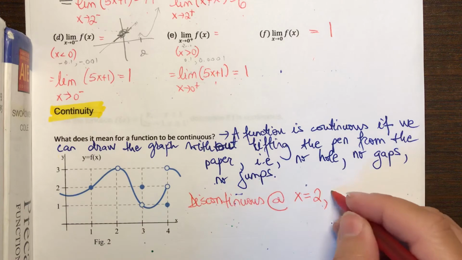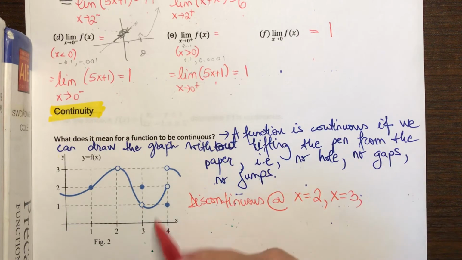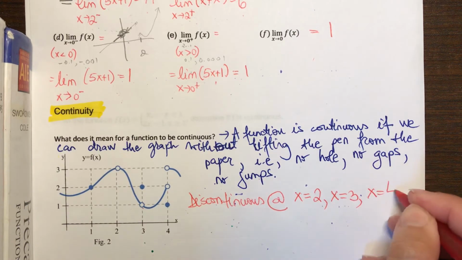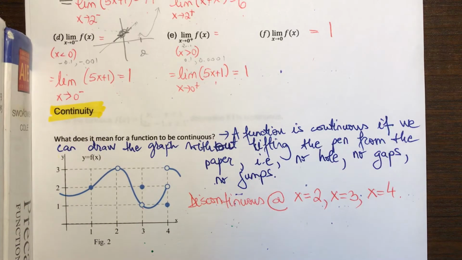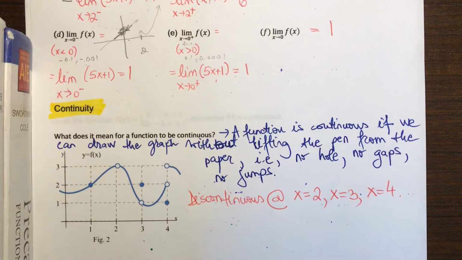I see a hole at x equals 3. And I see a hole at x equals 4. So I go right through, and then I have to jump. Here, there's a hole, I have to jump, bubble this in, continue, stop, bubble this in, continue over here, right? So anytime we have to lift the pen from the paper to be able to continue drawing this graph, the function is discontinuous at those points.